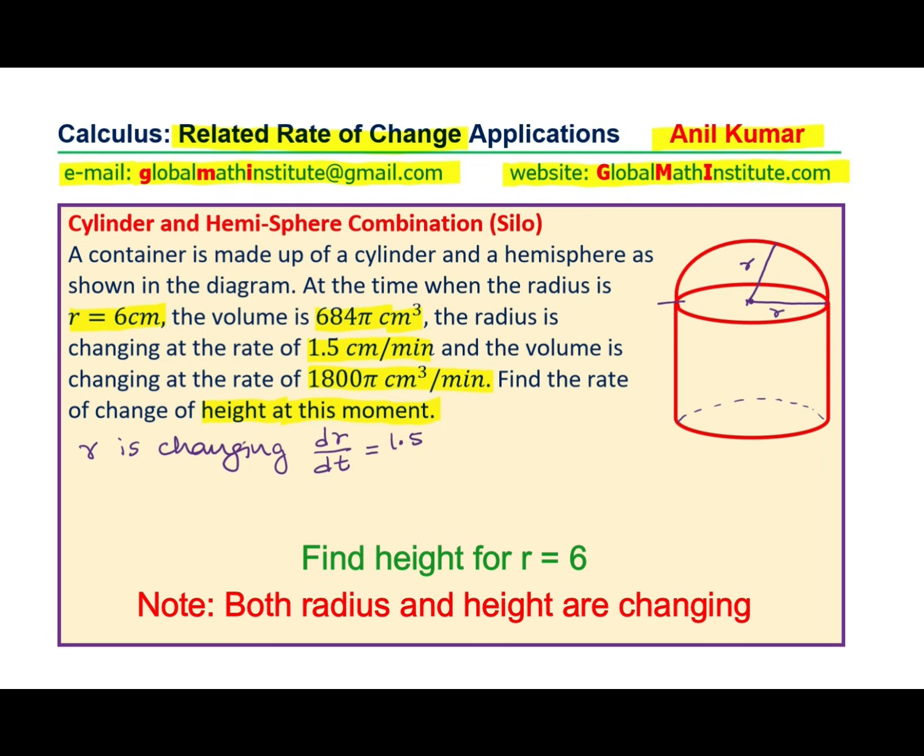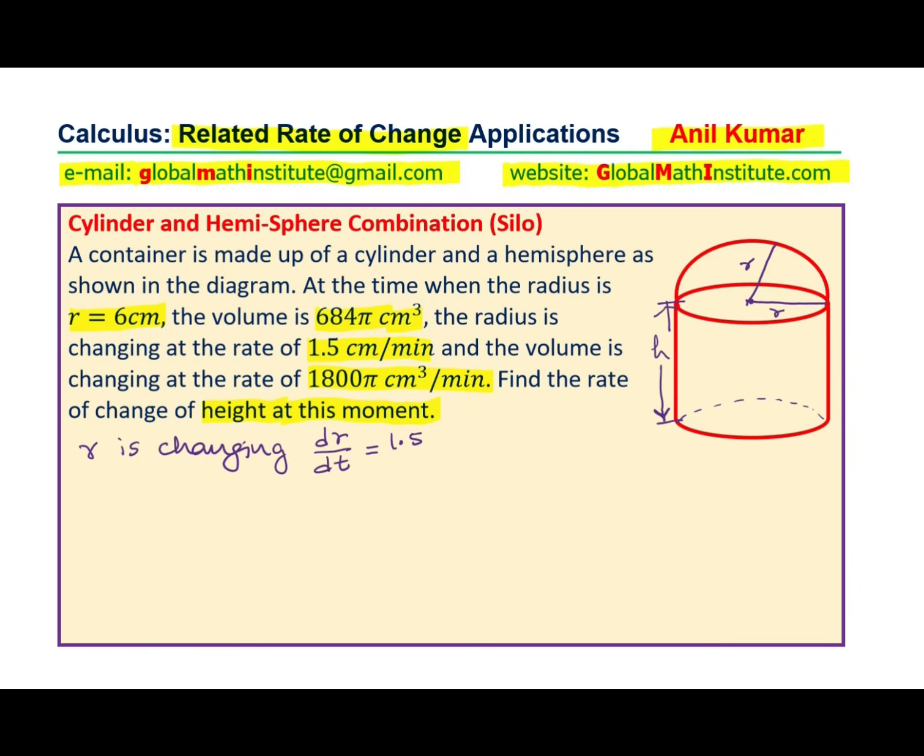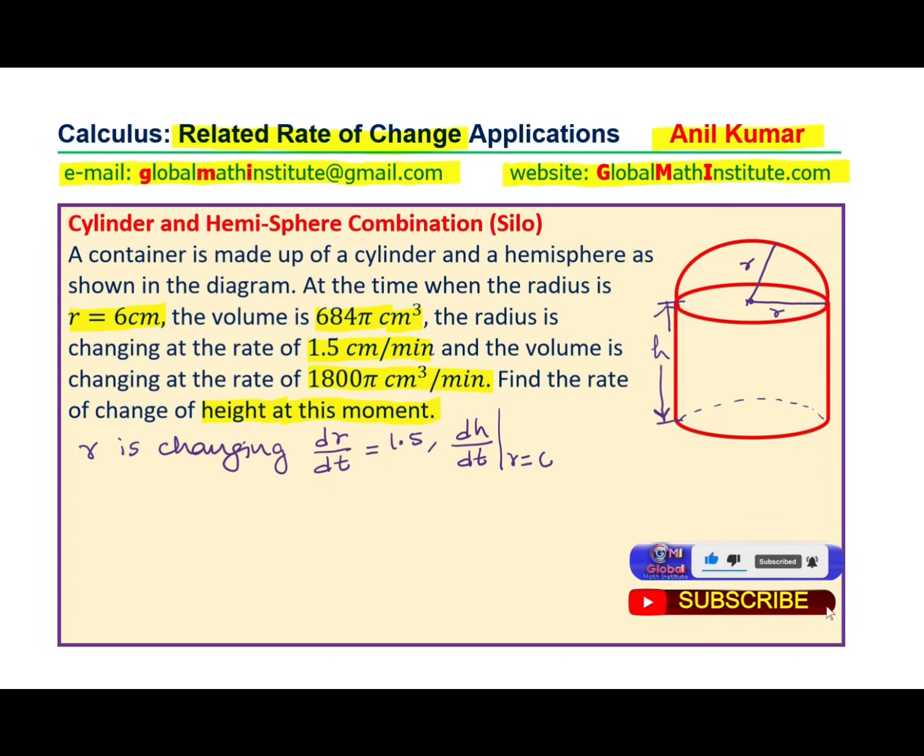Height is this height which we are considering, height of the cylinder. It's kind of an ambiguity, but we'll just put height of the cylinder. So radius is changing and height is also changing, right? We need to find dh/dt when radius is equal to 6.